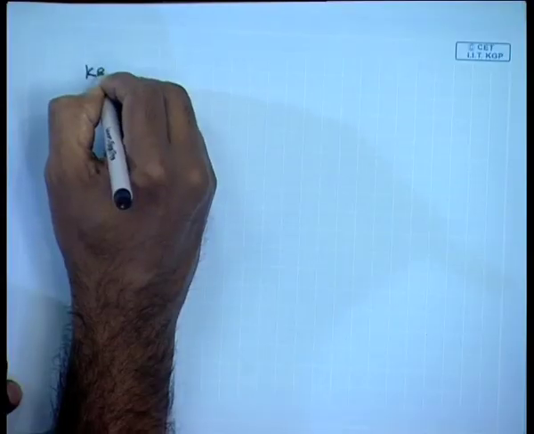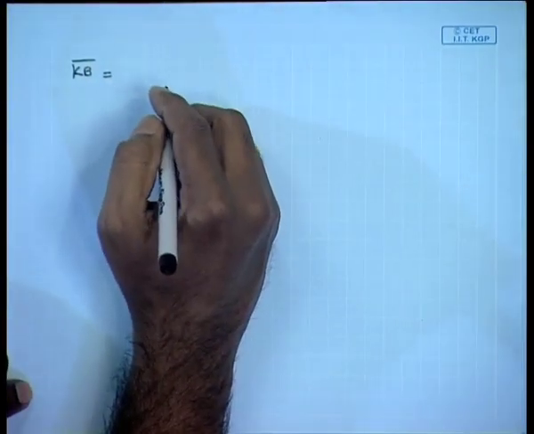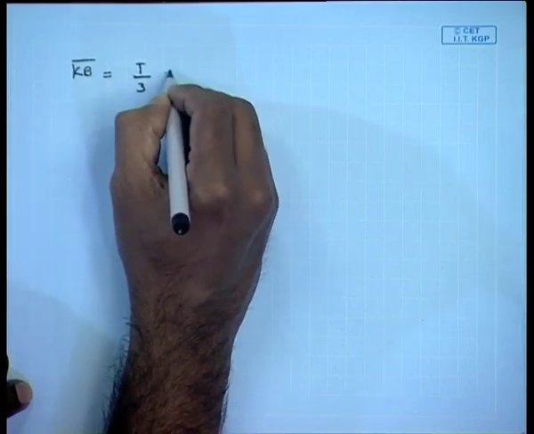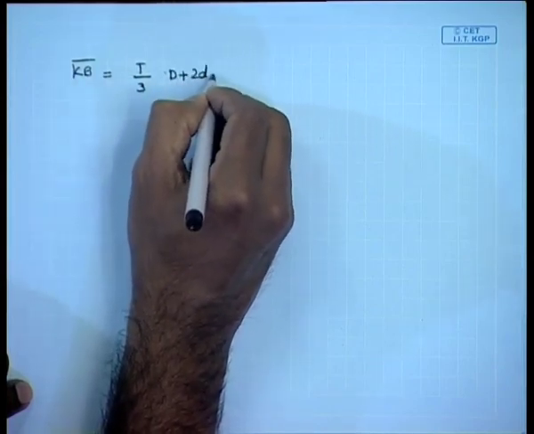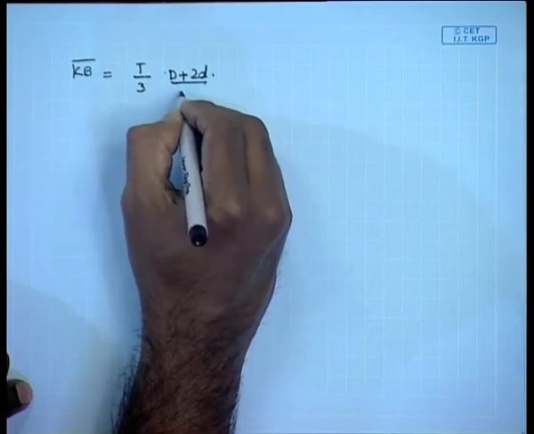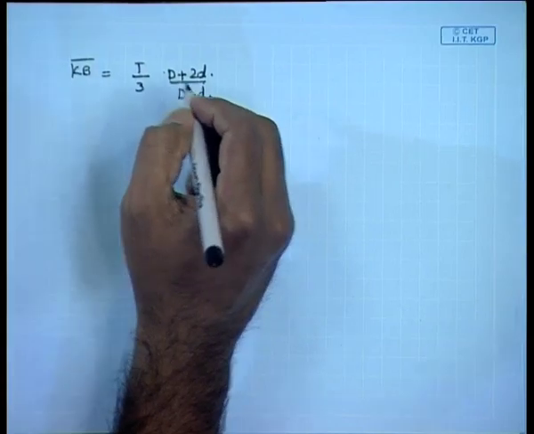Then you will have KB of the cone. KB of the cone is given by, this gives you the diameter, this gives you the center of buoyancy.